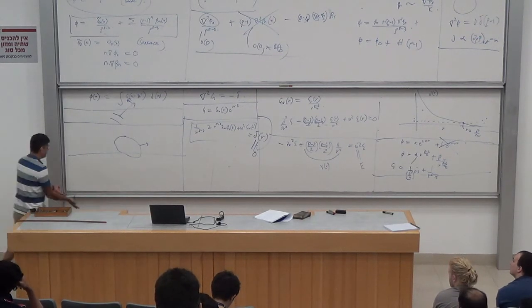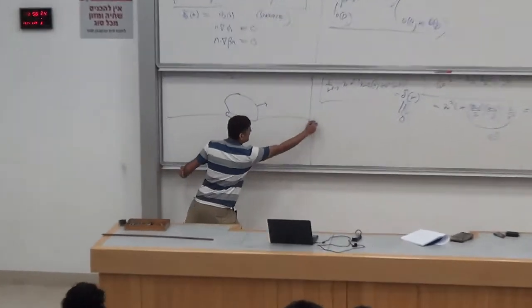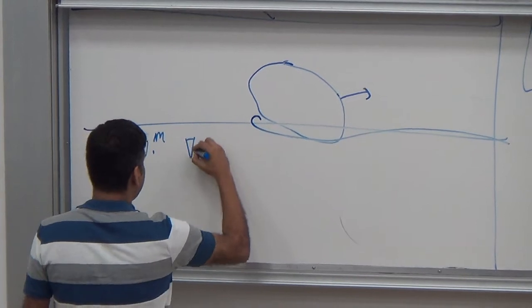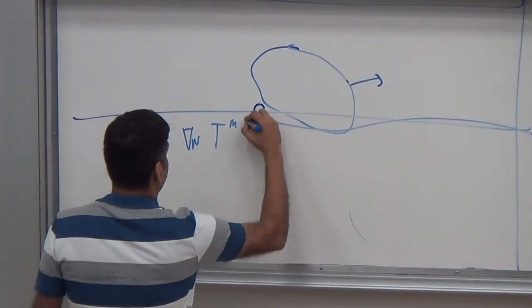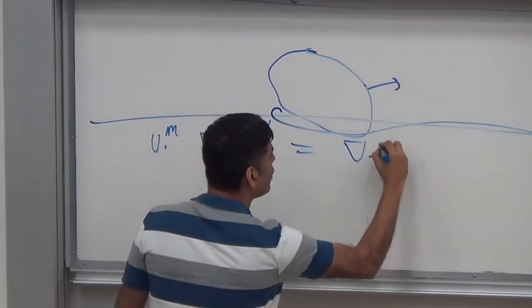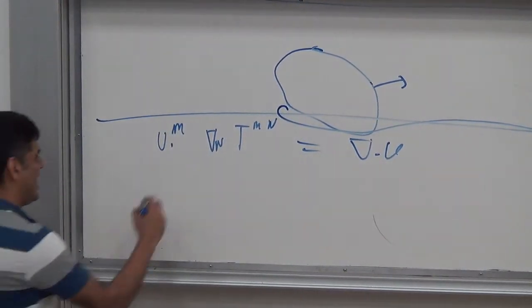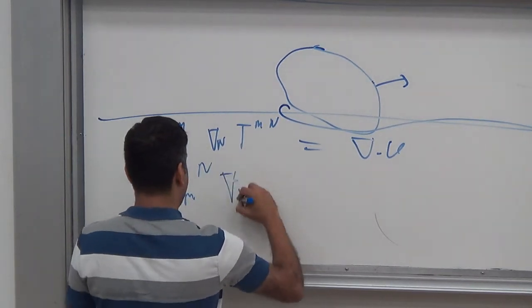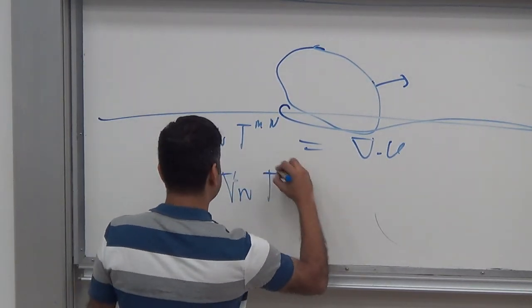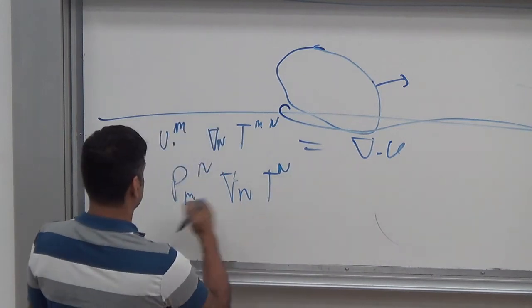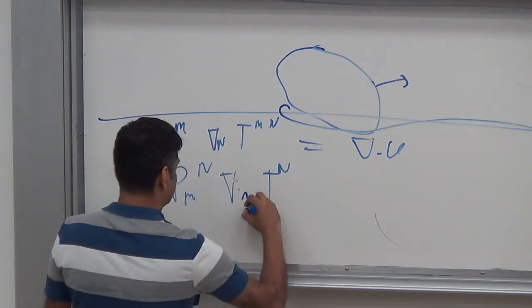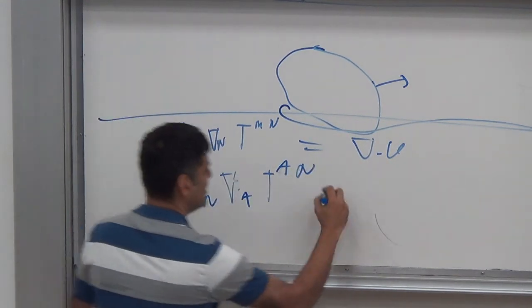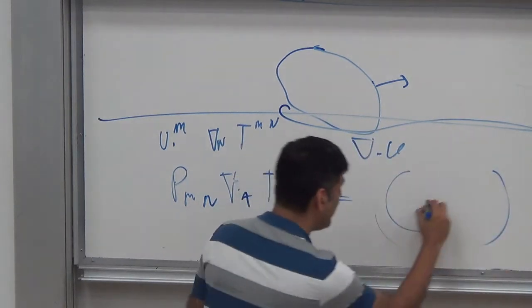And the answer is that at leading order, u^m del^n T_mn turns out to be del dot u. And the other one, projector P_mn del_n of T^n, P a n is proportional to the membrane equation.